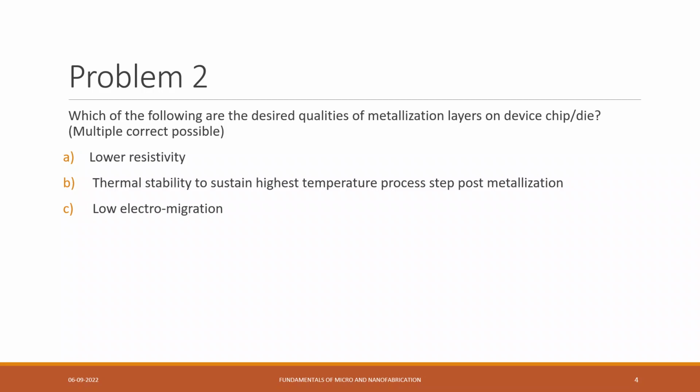This is about a metal deposited on a silicon chip. What properties would be desired in such devices? These are some of the properties that a device can show after you have deposited metal upon it. Which of them is the desired quality? You have to select them.